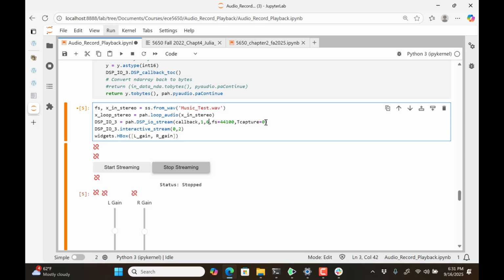Instead, we're looping for 0 seconds, which makes no sense, right? It's just a numerical value that means loop forever. And then we set up an interactive stream method on the DSP IO stream that has 2 channels, and the parameter 0 is infinite stream also. And then here's where our widgets get brought in. So the widgets will fall below.